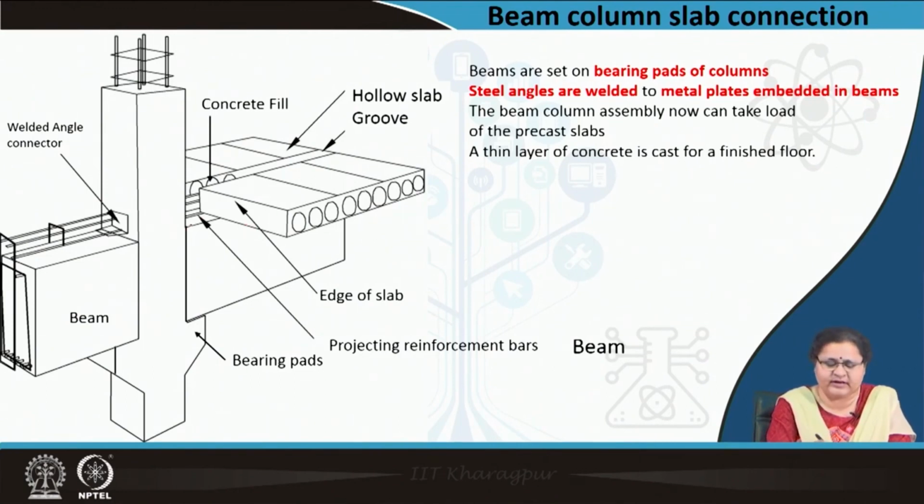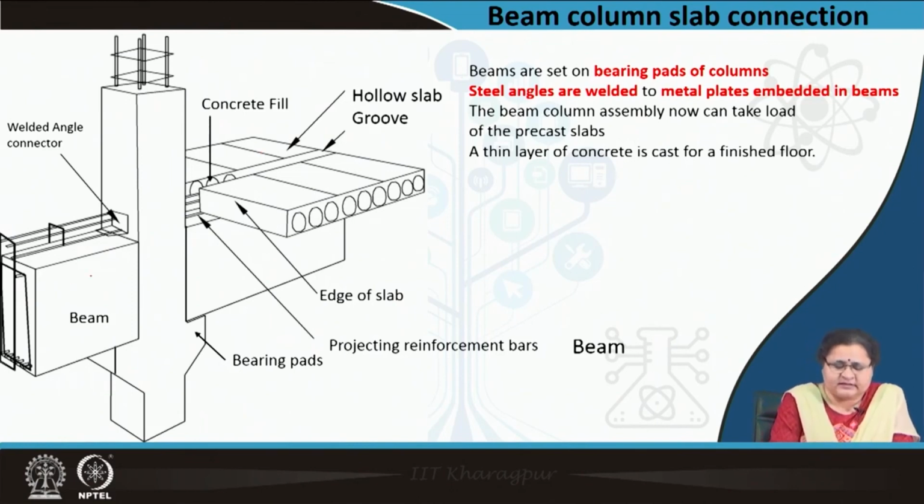So, on the rectangular beam you can see how it is set. It is set on two sides of the reinforcement. So, this is the reinforcement and you are setting your member, hollow slab here, on the other side hollow slab there. So, the reinforcement is in between and when you are coating it with the concrete, some concrete is getting filled here and the top is getting a fine layer.